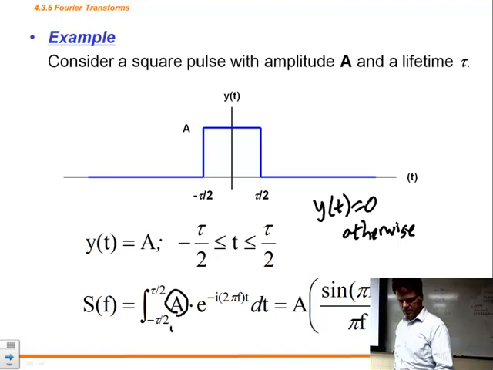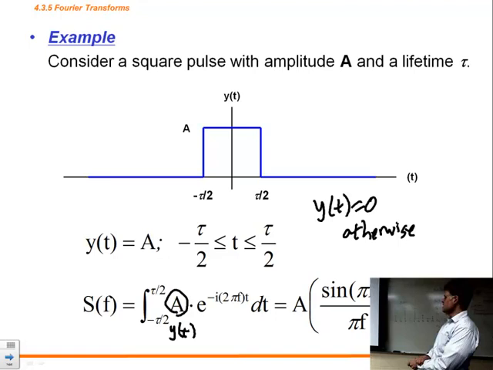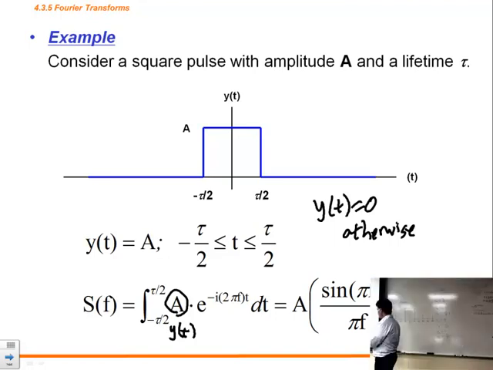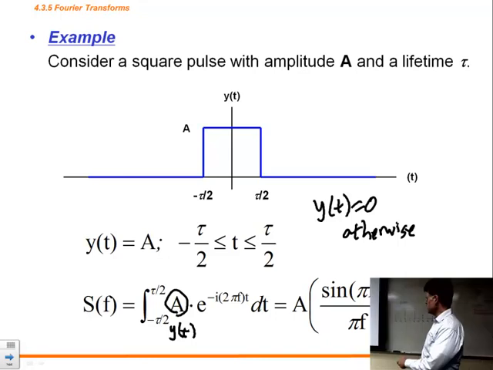So that's y of t, which is just a constant A, times this complex exponential, e to the minus i 2 pi f t dt. And we'll show after the break that this is actually equal to the amplitude times this function, which is basically the sine of the frequency divided by the frequency in there. There's a factor of pi tau here and a factor of pi in the numerator.